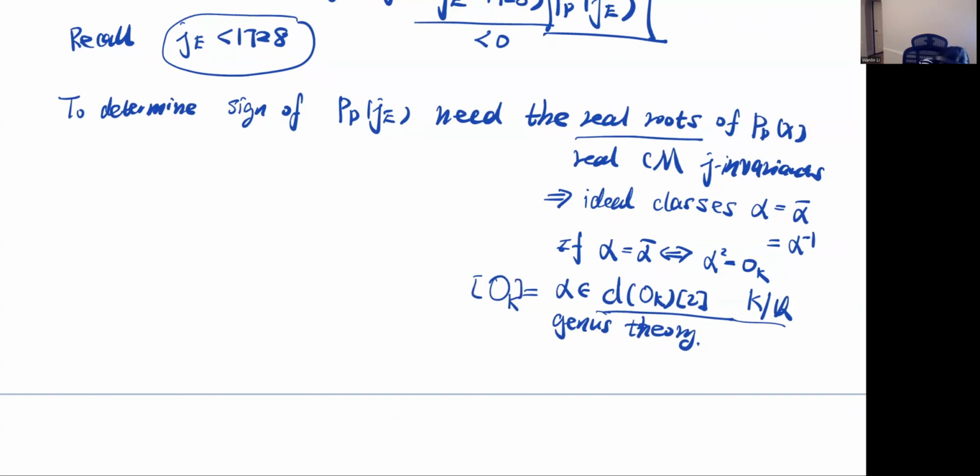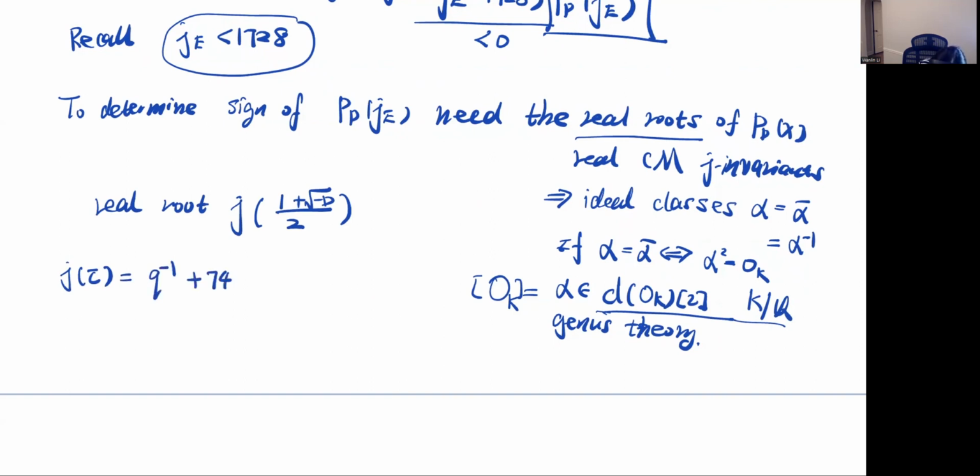So this means the only real root is the J value J of tau, where tau is 1 plus square root of minus D over 2. Then we use the formula we discussed in class. We know that J of tau is roughly of the size 1 over Q plus 744 plus 196884 Q plus dot dot dot, where Q equals e to the 2 pi i tau.